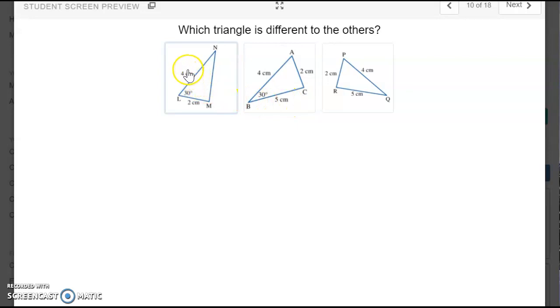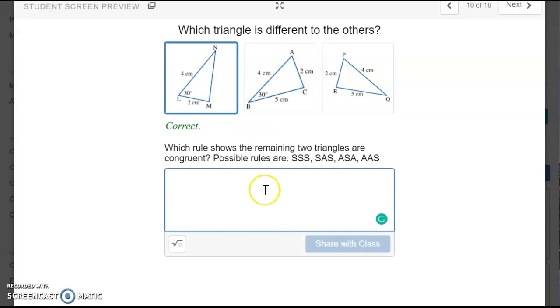Okay, what about this? 4 and 2 and 30 degrees. 4, 5 and 30 degrees. No, that's not enough. I have 30 degrees and 4 and 4, but 2 and 5 do not match. So these two are the same. So this is different. Then looking at these two, which is the rule that we can use? It's SSS because 4, 2, and 5, we did not use the 30 degrees angle.